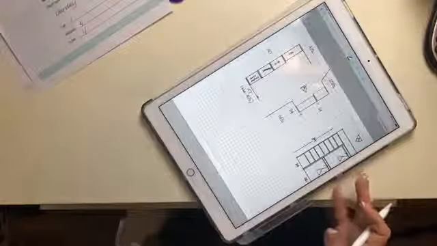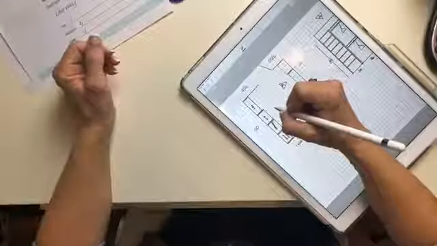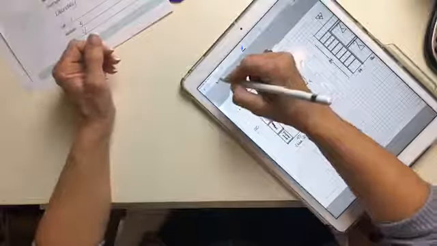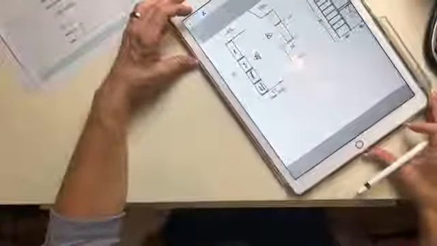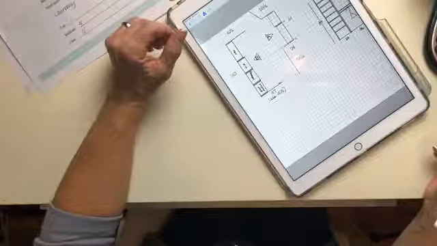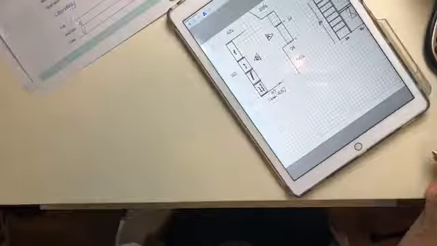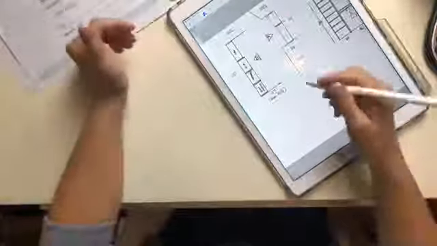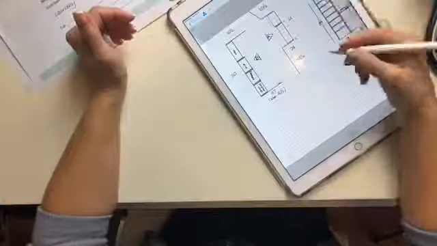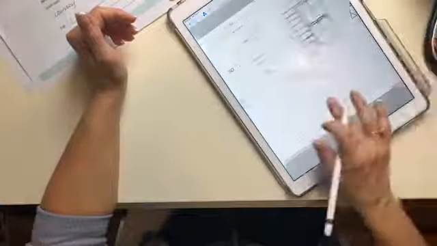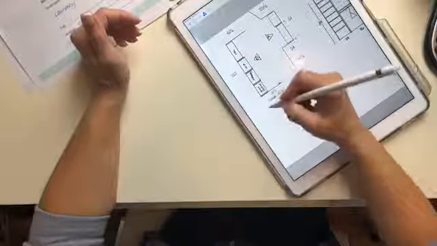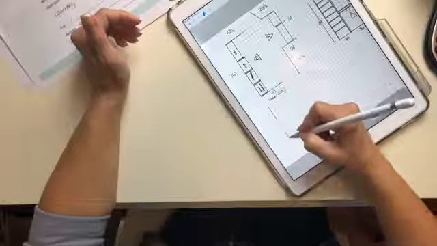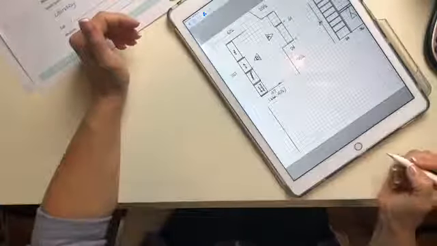Okay, so now we're going to draw Shelby's side, and we're going to call this one elevation B. Again, this is going to be drawn as if we're standing looking at it. So I'm going to draw the line 95 inches high there.